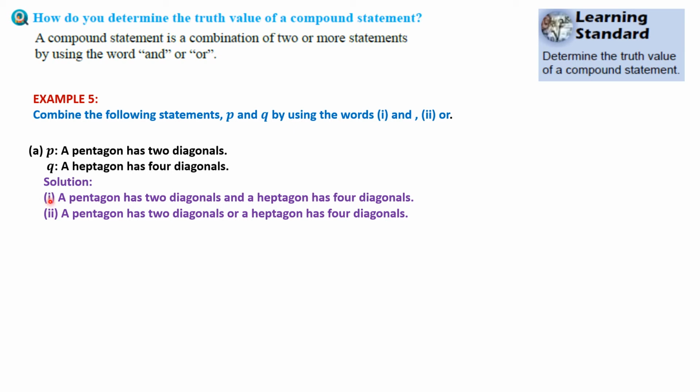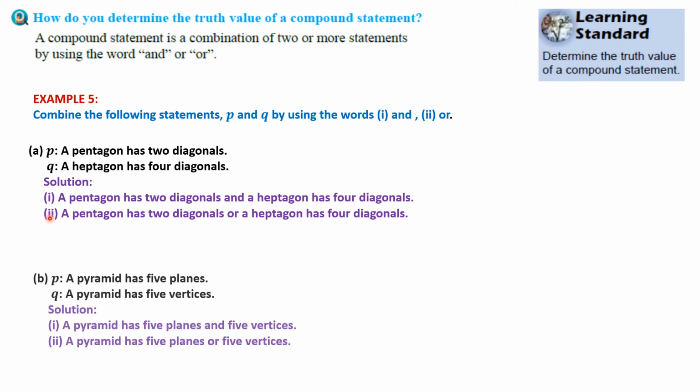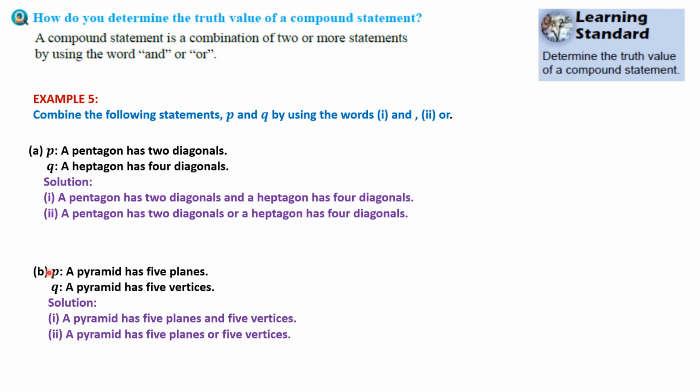If you use the word and, you can combine like this: a pentagon has two diagonals and a heptagon has four diagonals. Now we look at 2. If you use the word or, you can combine like this: a pentagon has two diagonals or a heptagon has four diagonals.